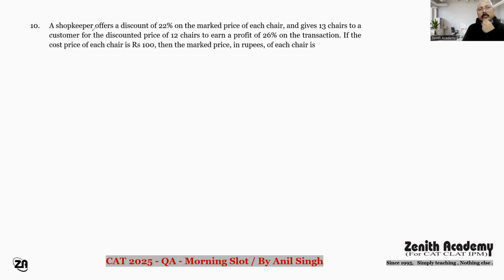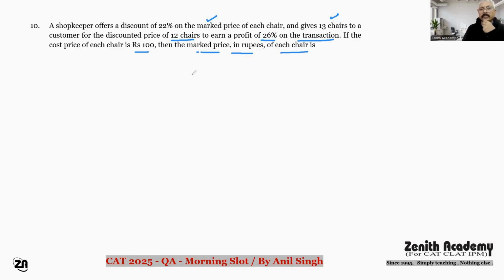Next question. The shopkeeper offers a discount of 22% on the mark price of each chair and gives 13 chairs to the customer for a discounted price of 12 chairs to earn a profit of 26% on the transactions. If the cost price of each chair is rupees 100, then the mark price in rupees of each chair is.